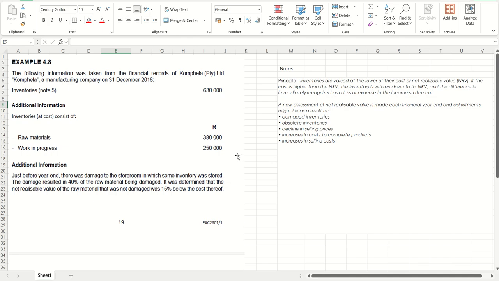It says the following information was taken from the financial records of Compella Limited, a manufacturing company, on 31 December 2018. They give us the inventory, note 5, which comes up to 630,000.